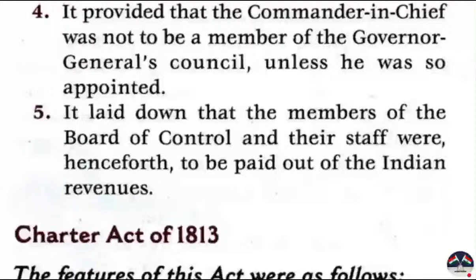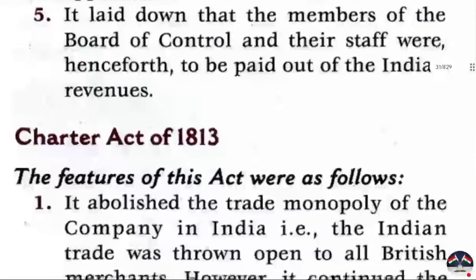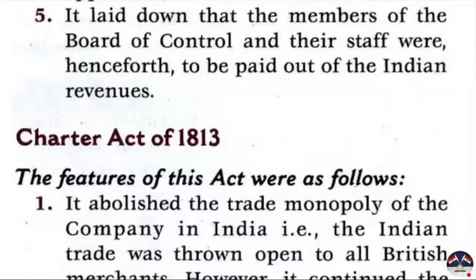It provided that the commander-in-chief was not to be a member of the Governor General's Council unless he was so appointed. And lastly, it laid down that the members of the Board of Control and their staff were henceforth to be paid out of the Indian revenues.